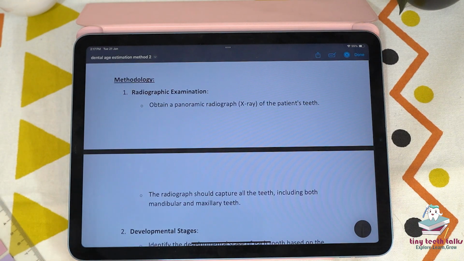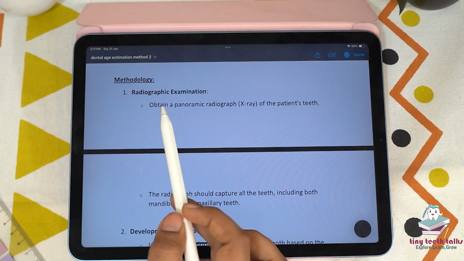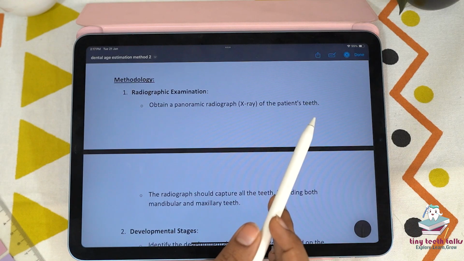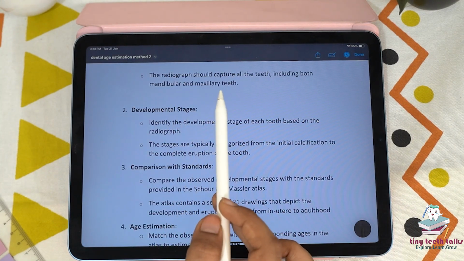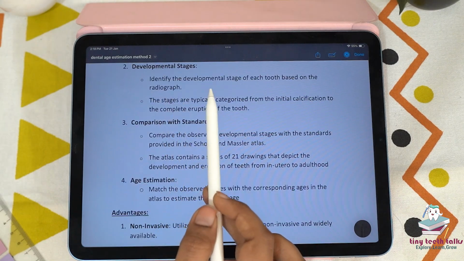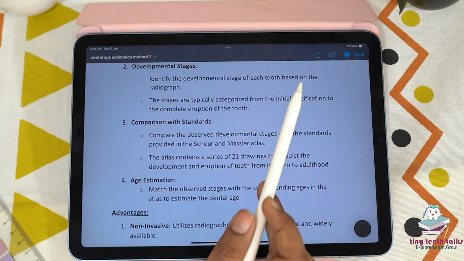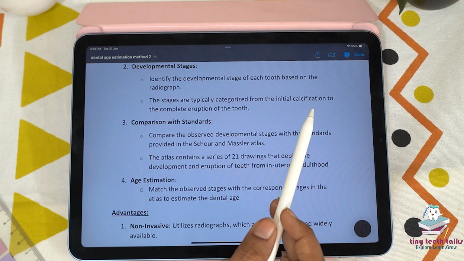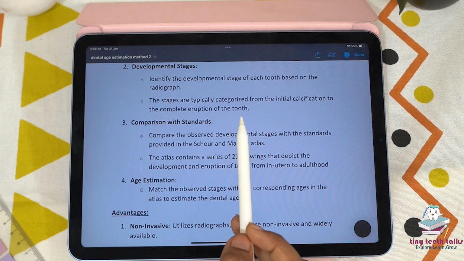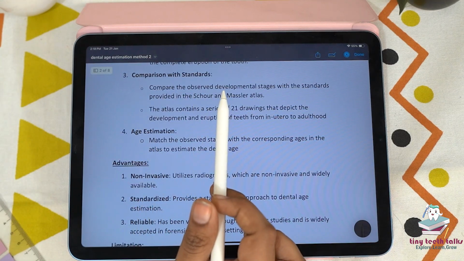How does this method work? The first step is radiographic examination. Obtain a panoramic radiograph of the patient's teeth. The radiograph should capture all the teeth, including both mandibular and maxillary teeth. Identify the developmental stages of each tooth based on the radiograph. The stages are typically categorized from the initial calcification to the complete eruption of the tooth. Then comes comparison with standards.